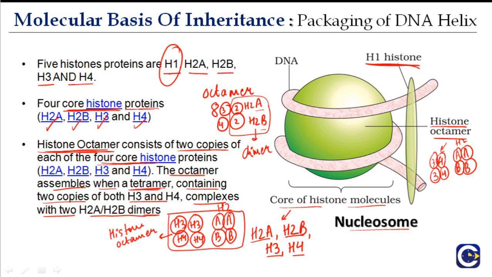This is very important. You must remember these because there will be questions surrounding all of the things we discussed in this slide. Sometimes these questions are very easy. They will just directly ask you which are the core histone proteins, and then they will give you certain examples.